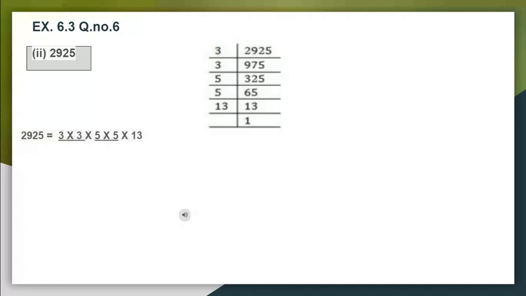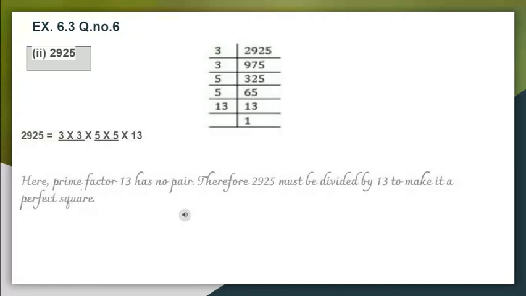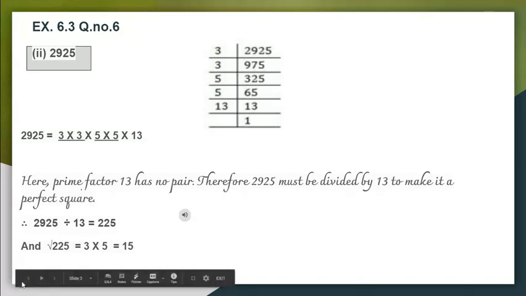How to write here? Prime factor 13 has no pair. Therefore, 2925 must be divided by 13 to make it a perfect square. Therefore, 2925 divided by 13 is equal to 225. And root 225 is equal to 3 into 5, that is 15. Clear? Okay.